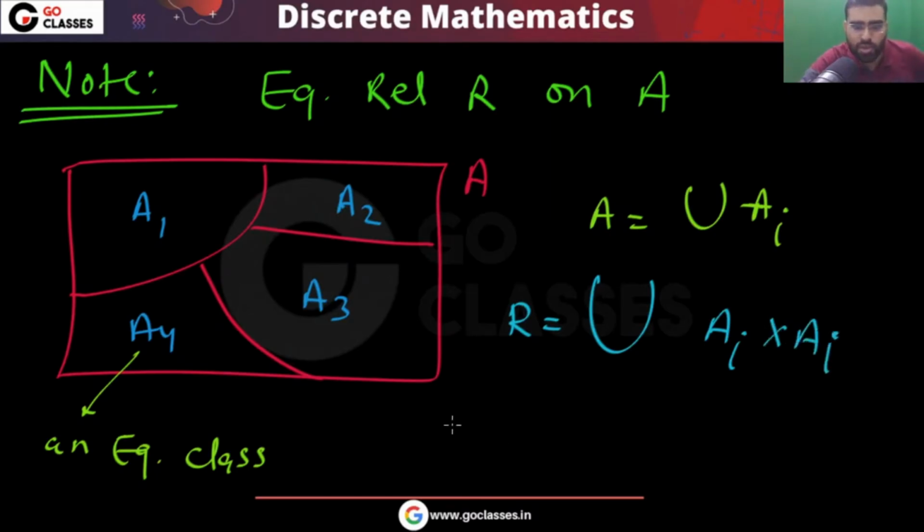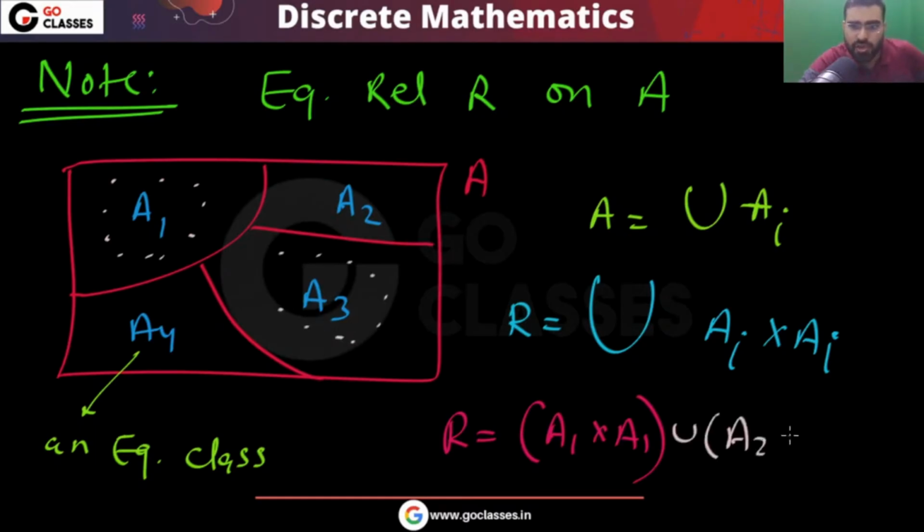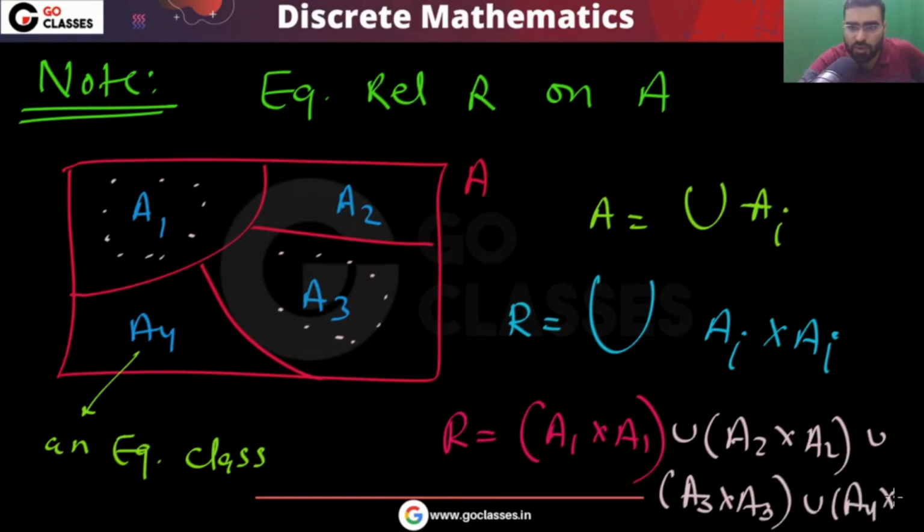It's like A1 cross A1, because every element here will be related to every element here. It is reflexive, symmetric, transitive. So you can see union A2 cross A2, union A3 cross A3, union A4 cross A4. Please tell me, did you understand this?